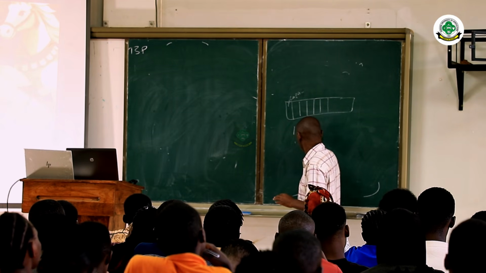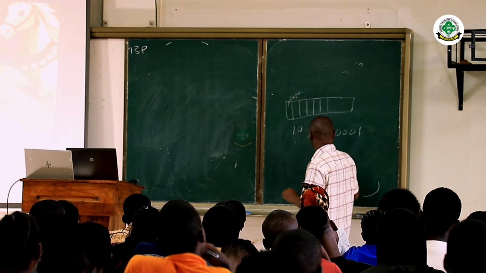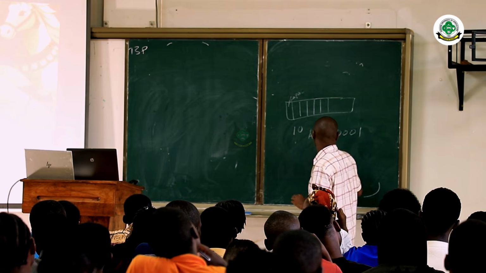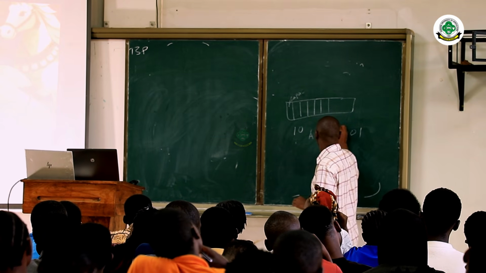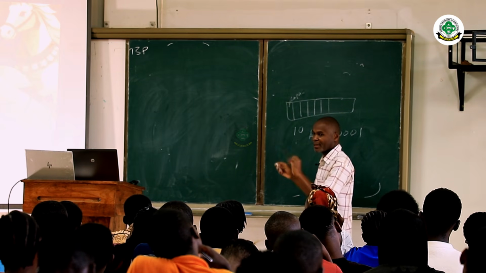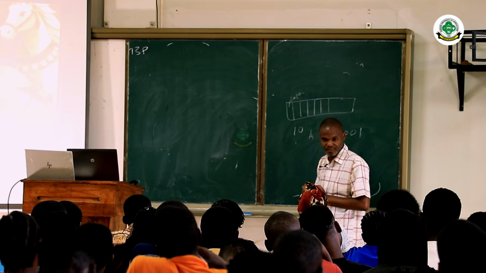For example, an A would be stored as maybe 1, 0, 0, 1. This is not an A, just an example. 1 will be identified by the capacitor being on, and 0 by the capacitor being off.